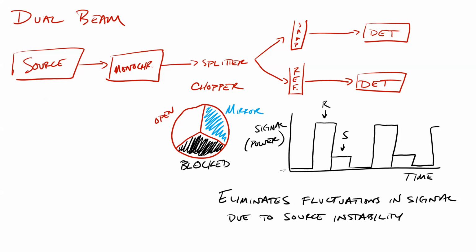And that's just any noise that's inherent in the detector that we can subtract out as well. So this level here is what we call the dark signal, and it allows us to correct for any noise in the detector.